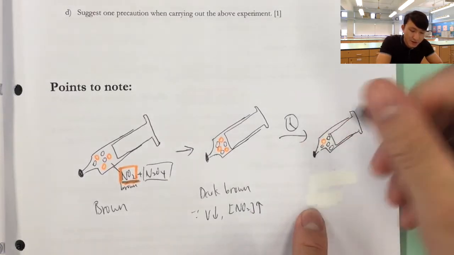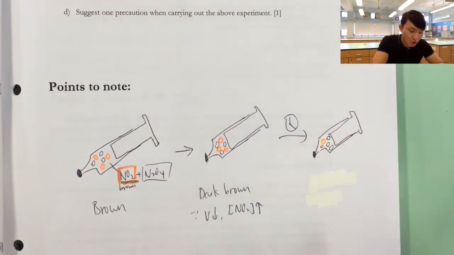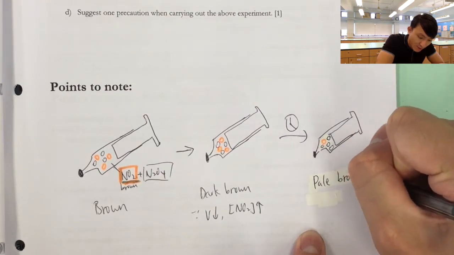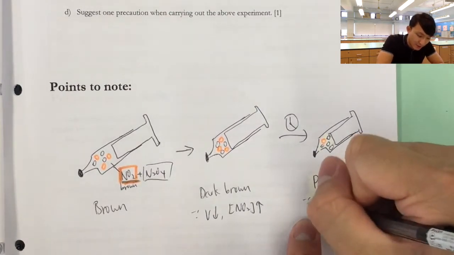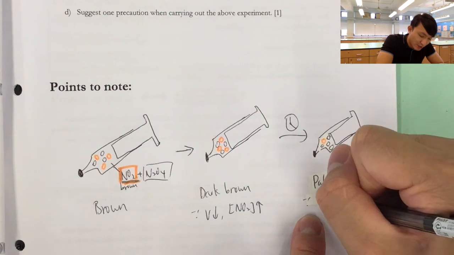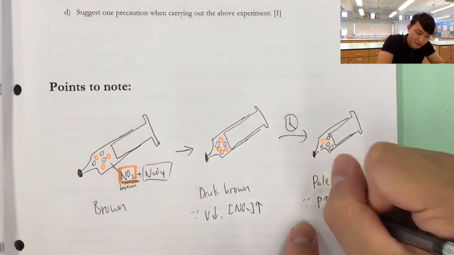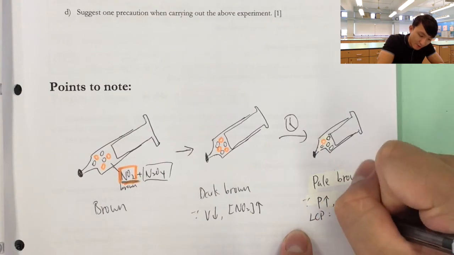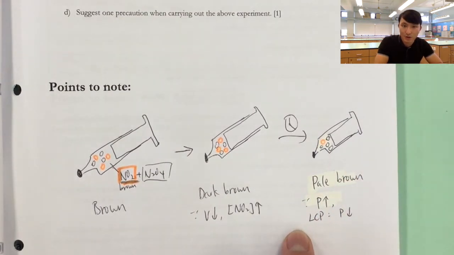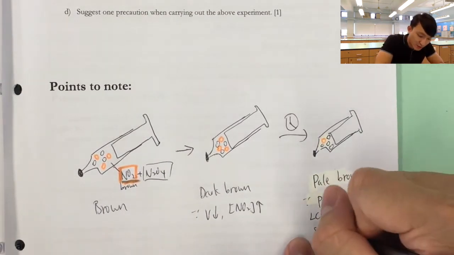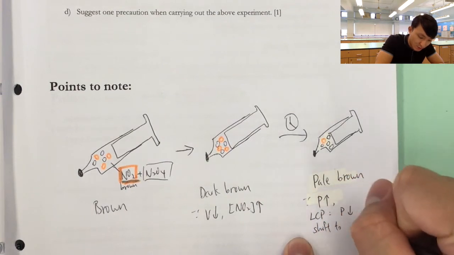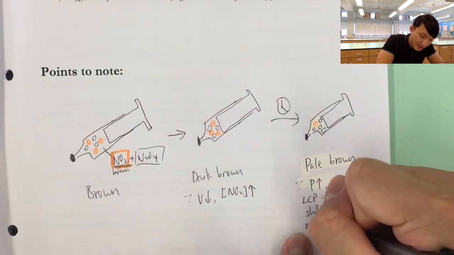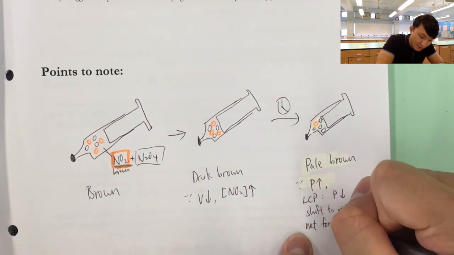So having fewer brown NO2, the overall gaseous mixture should be pale brown. The reason is that when the pressure increases, according to LCP, it wants the pressure to decrease, to counteract the change. So it will shift to the right, a net forward reaction.